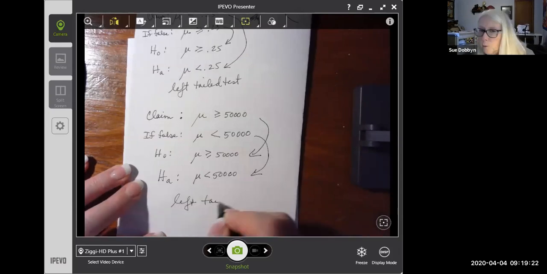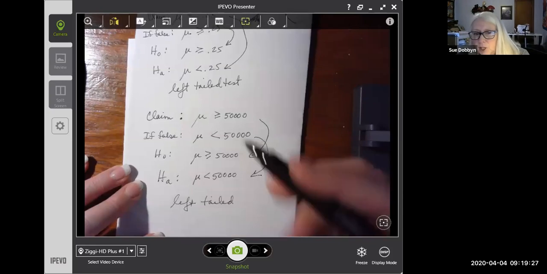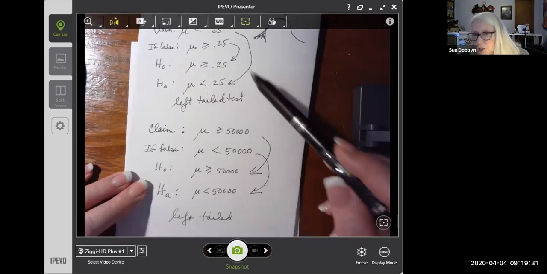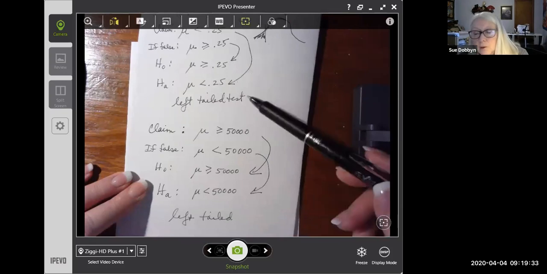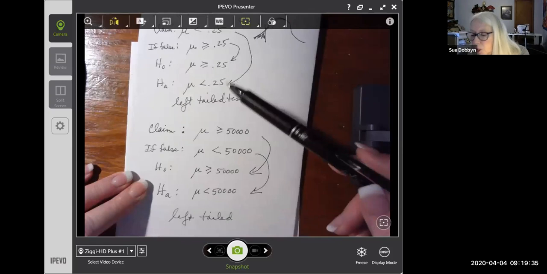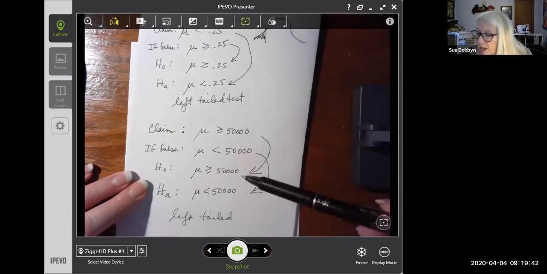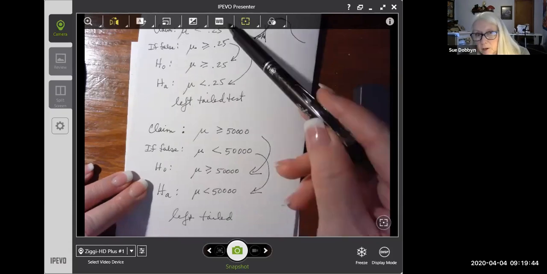Now, what I want to point out to you about that is that these two things show you that the null doesn't always come from if false, or doesn't always come from the claim. You need to go through this, because sometimes the claim becomes the null hypothesis and sometimes the claim becomes the alternative hypothesis.